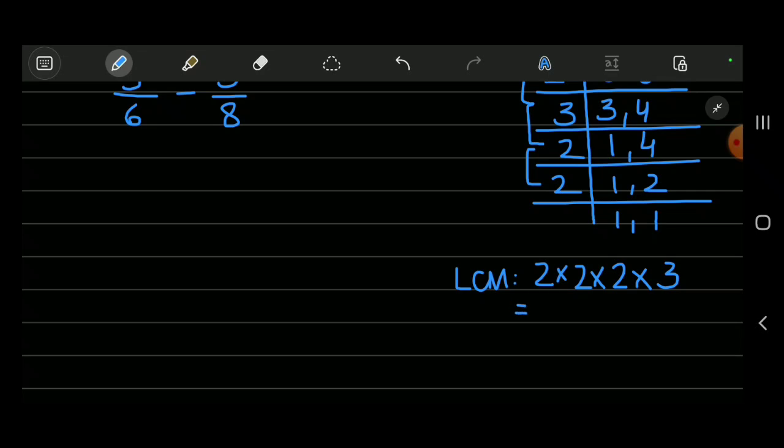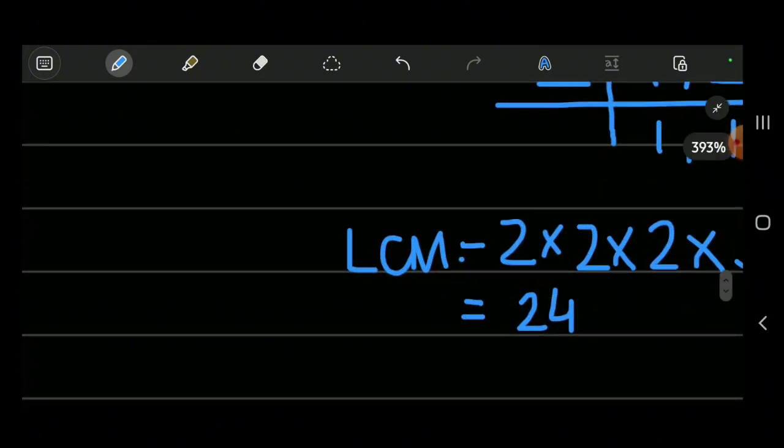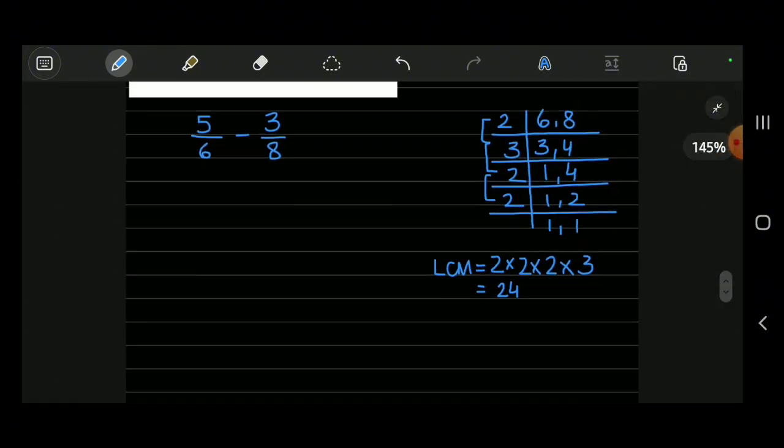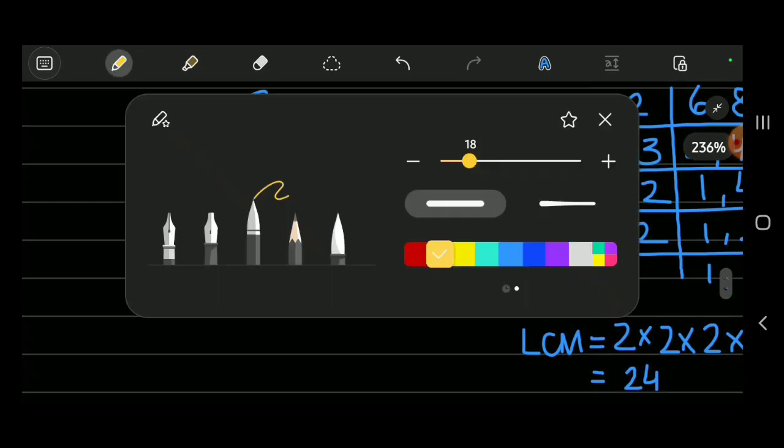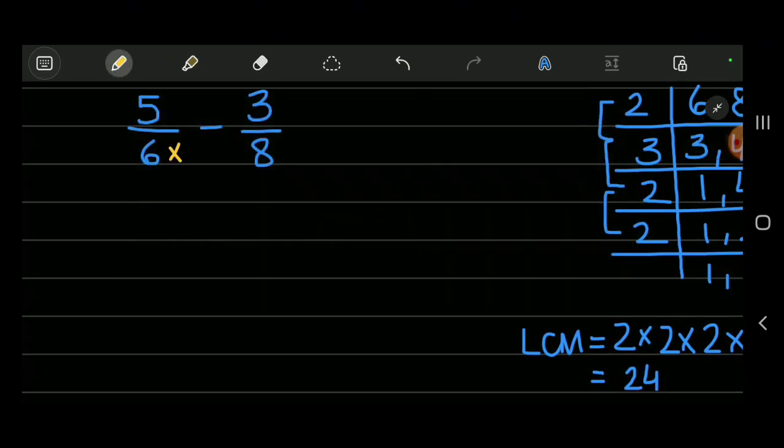So what is it, 4 eights are 32... it is 24. So 24 is your LCM. Now make it 24. How can we make it 24? Multiplying 6 by 4 and 8 by 3.